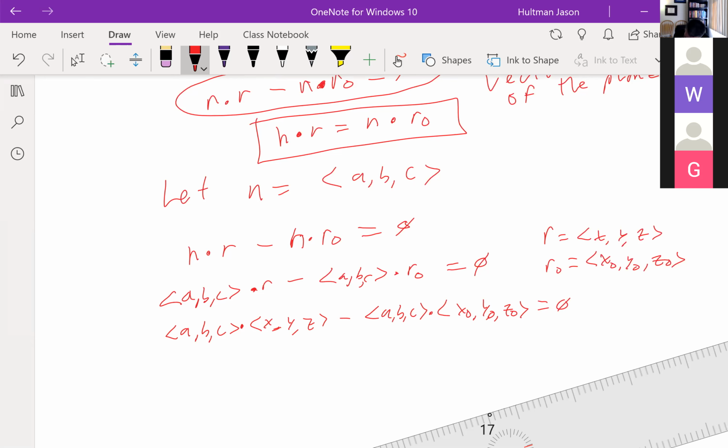Okay, so now let's dot these. Let's see what happens. So this is going to become ax plus by plus cz minus parentheses, ax naught plus by naught plus cz naught, is equal to 0.